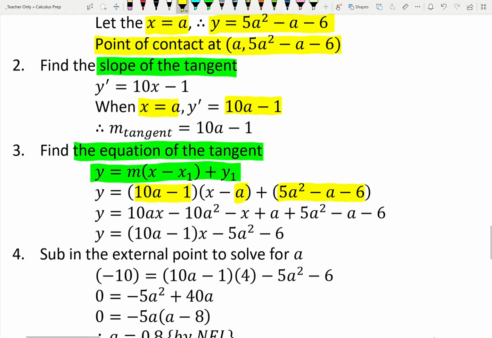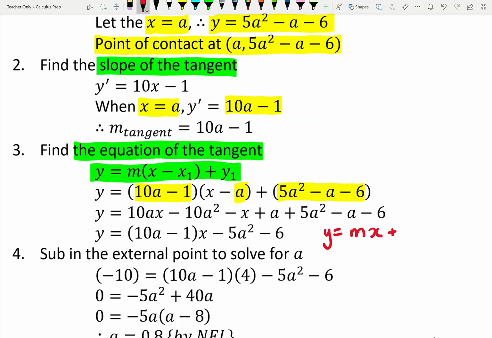Now, because we're talking about slope-intercept form, we want it in y equals mx plus c form. So we want this x factorized out, and here it is. So we've collected our terms that have got x in them. So 10ax and minus x we've factorized to (10a minus 1) times x.